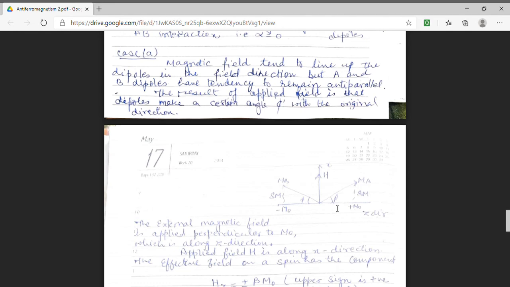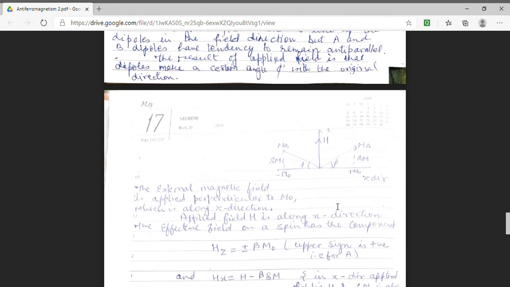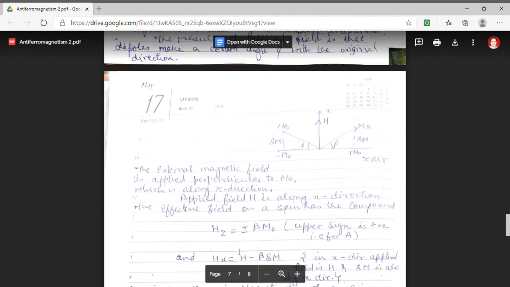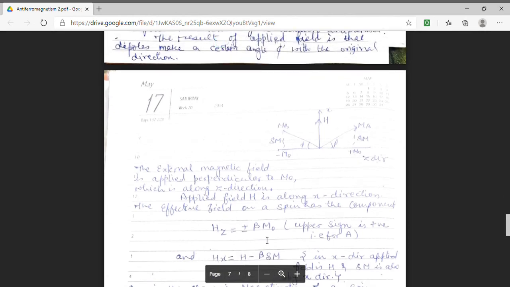Now I am going to find the effective field in both directions, that is Z direction and X direction. For this purpose, I am assuming that the effective field of spin in the Z direction is equal to Hz = beta m0. Here m0 denotes the magnetization initially, without the application of the external magnetic field.